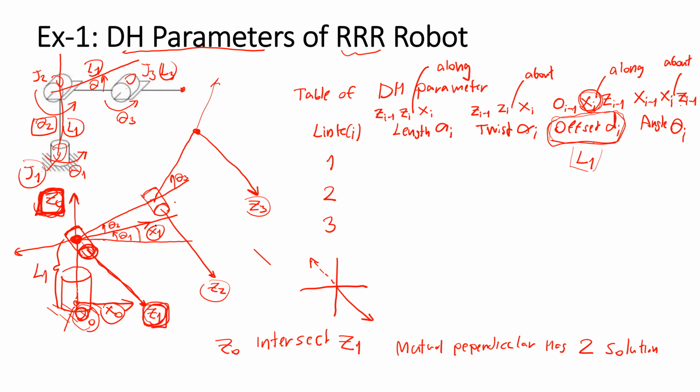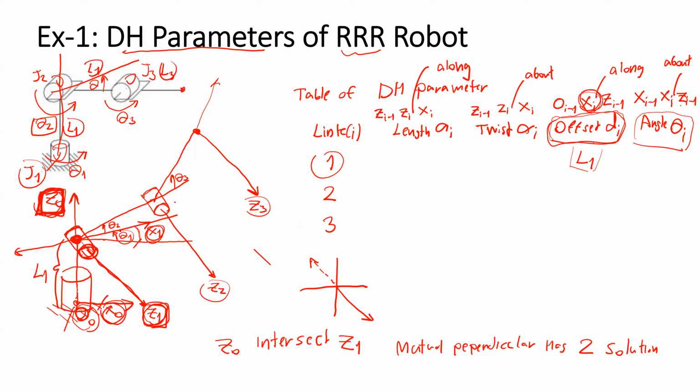If we select X1 in this way, and we want to find the joint angle, the joint angle of link 1 is the angle between X0 and X1 measured about Z0.